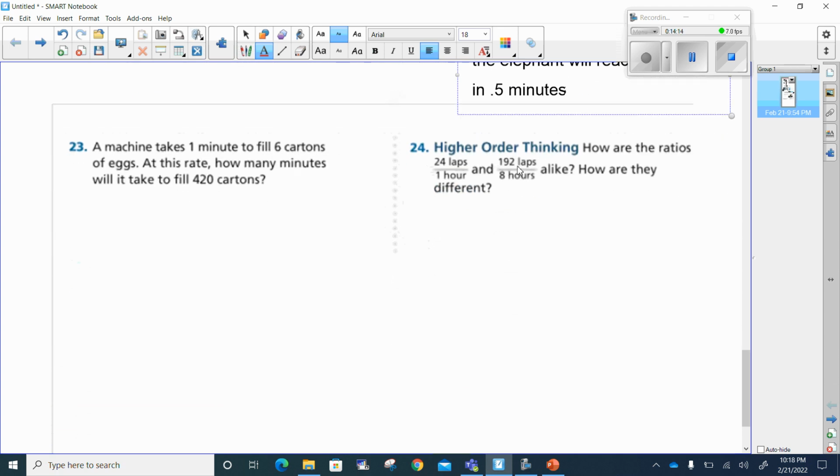And the last one for me, the thinking question. How are the ratios 24 laps in 1 hour and 192 laps in 8 hours alike? How are they different? Well, if I was to take 24 and multiply it by 8, let's see what happens.